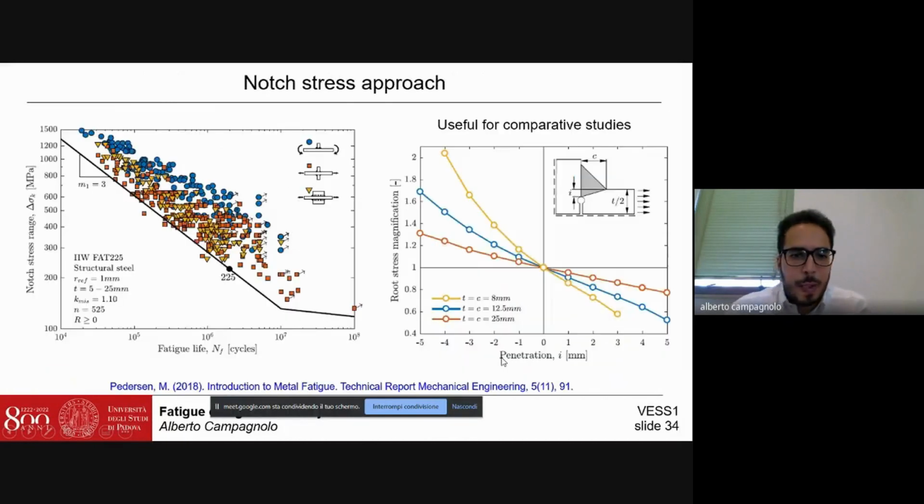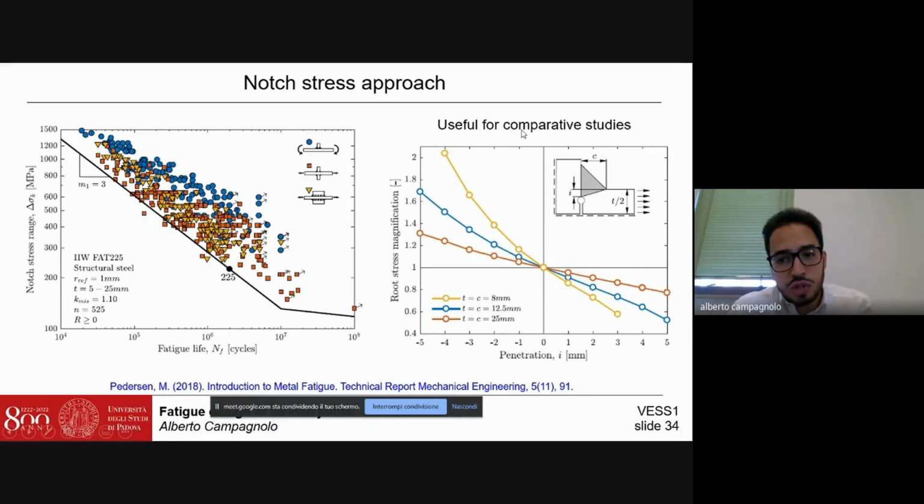Fricke. The notch stress approach, therefore, allows us to use a single fatigue strength curve to correlate the experimental fatigue results relevant to different weld details, which is very useful, and we can apply it also to complex weld structures.